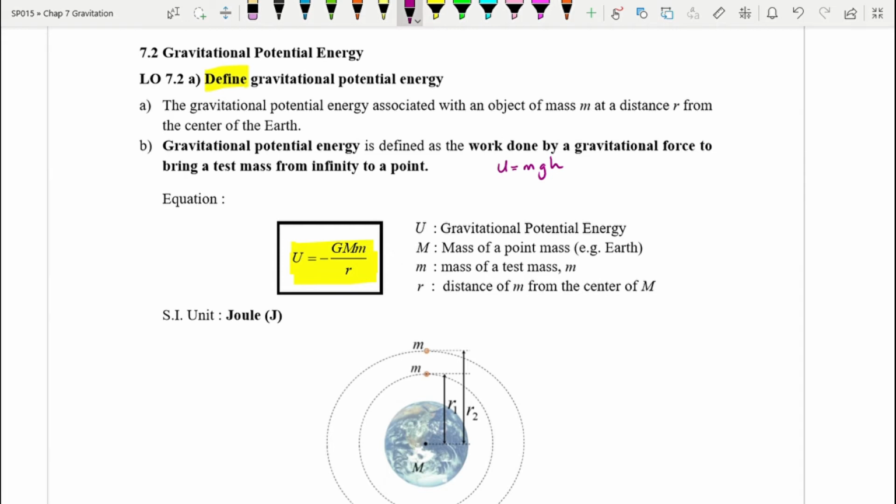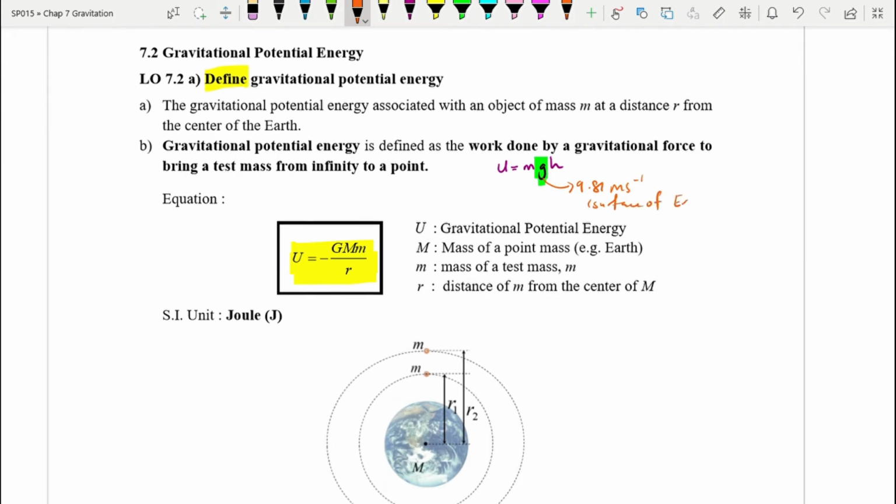Okay, so ada reason kenapa, dan saya explain disebabkan oleh g kita dekat sini adalah 9.81. So g equals to 9.81, adalah gravitational acceleration on the surface of Earth.